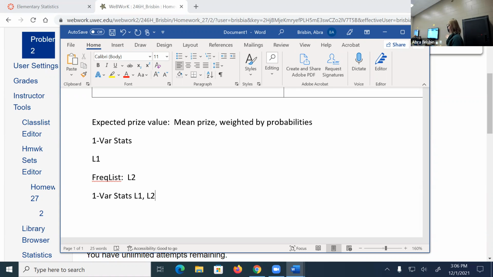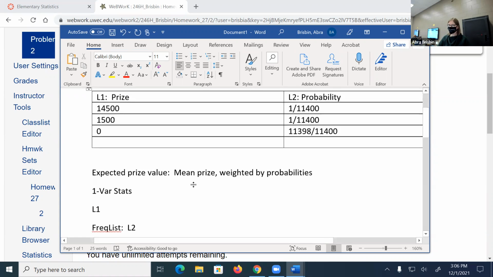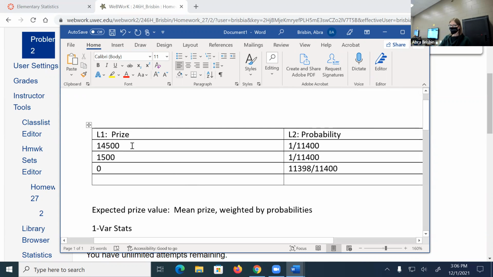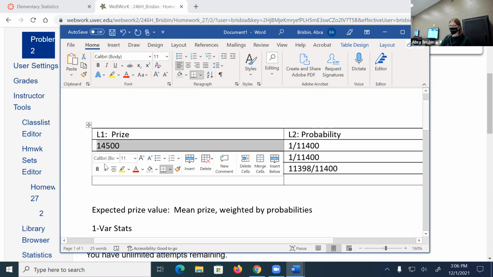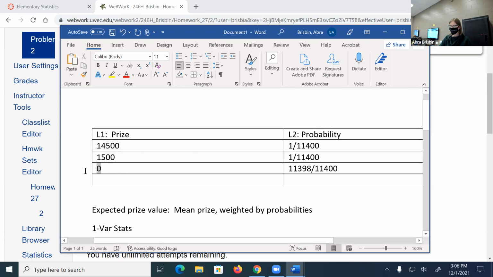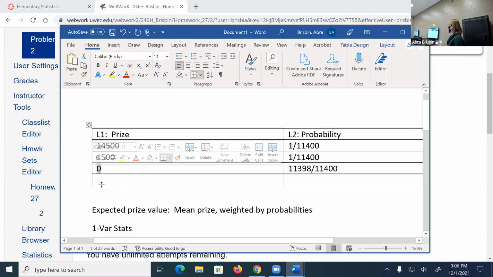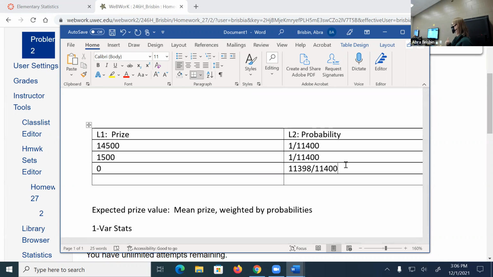And technically we could do that here if we put in one copy of the first and second prize and then 11,398 copies of the zero. But we wouldn't want to do that because that would be a lot of typing the number zero. So the frequency list of the probability lets us do that without all that typing. Does that answer your question? Cool.